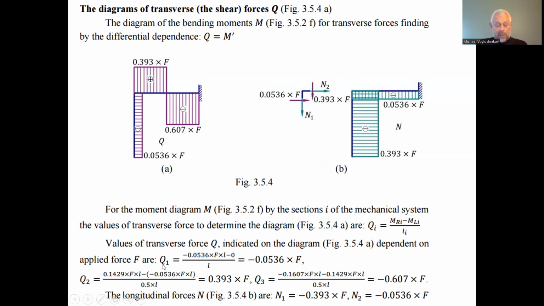We have that the shearing force is minus 0.0536 multiplied by F. This is the transverse force here, and it is evenly distributed along the first segment of the system.